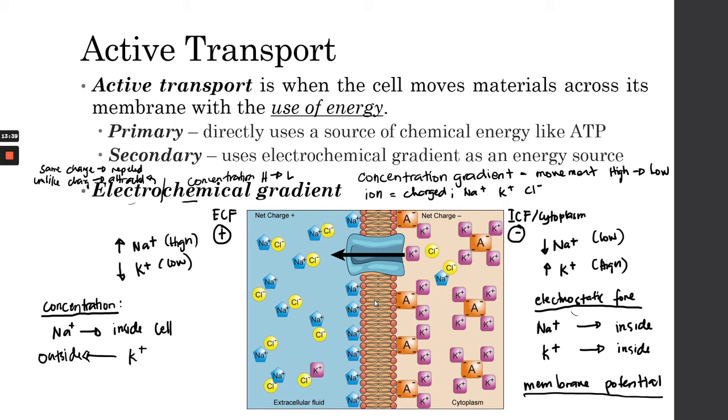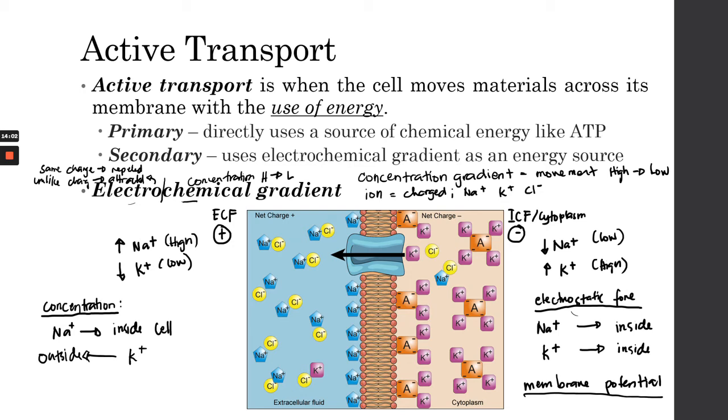And active transport is necessary to keep this balance, or to keep these concentrations of sodium and potassium ions relatively constant. And because of this transport, the cell keeps a membrane potential, that difference in the charge. And this is necessary to a lot of processes in the cell.